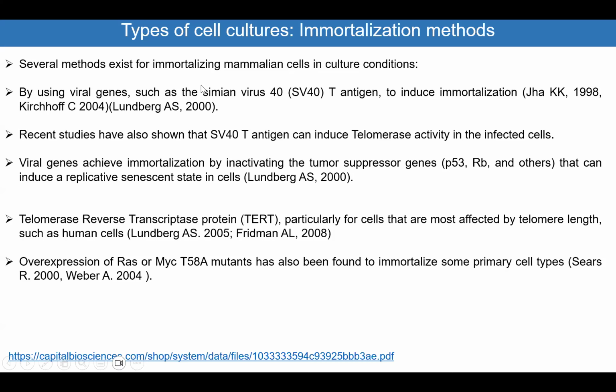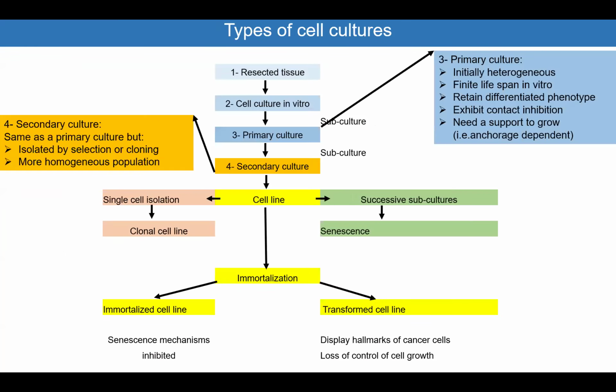Particularly, we are speaking about the simian virus 40, SV40. This you will hear a lot if you go to any lab to work. And the expression of the protein called T antigen of simian virus 40 causes the cells to be immortalized. So if you have a cell line like this, you already got the primary culture, you get the cells, you grow them, they become confluent, they fill all the plate, you grow them again by subculture, and then you grow them to step 4.